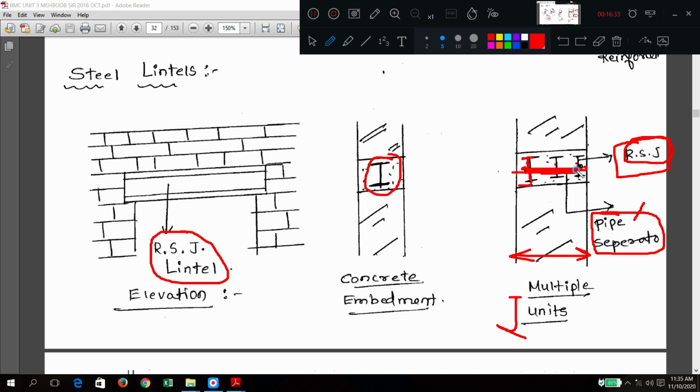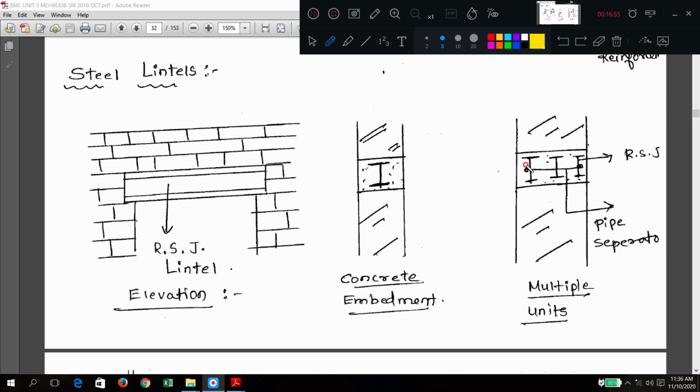Once all the sections are joined using pipe separator and shuttering is provided on the sides also, like this shuttering plates are provided, and from the top concreting is done. And after curing for 21 days, the formwork is removed, so this brickwork will start constructing. I hope it is clear now.